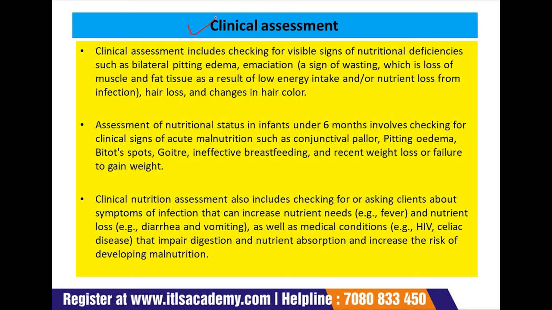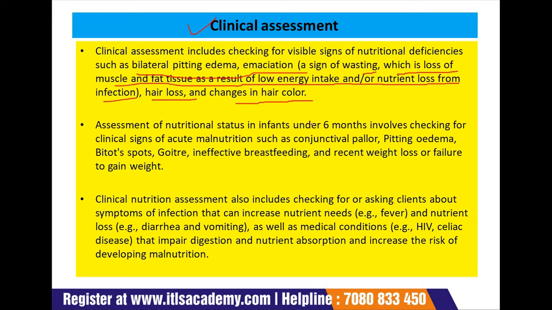So clinical assessment includes checking for visible signs of nutritional deficiency such as bilateral pitting edema, emaciation, which is a sign of wasting, the loss of muscle and fat tissue as a result of low energy intake and/or nutrient loss from infections, hair loss, and changes in hair color.